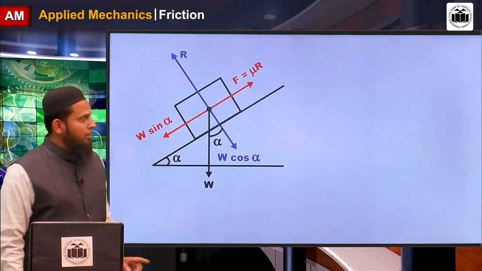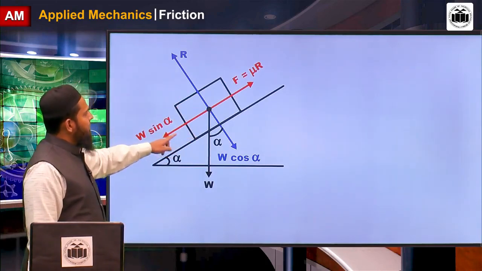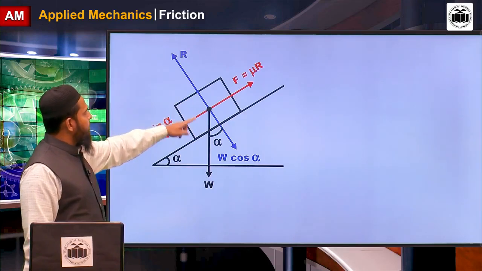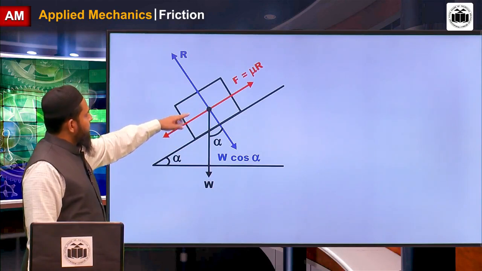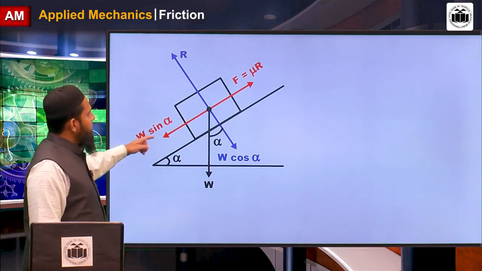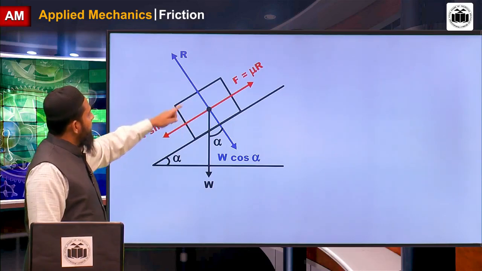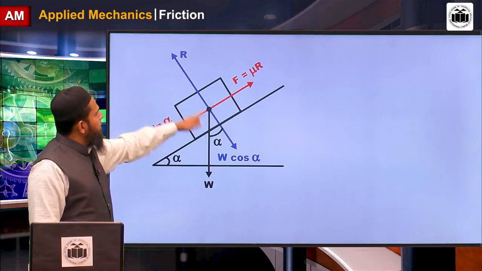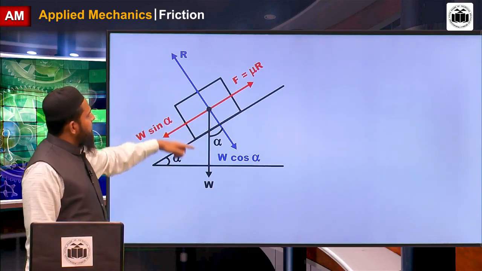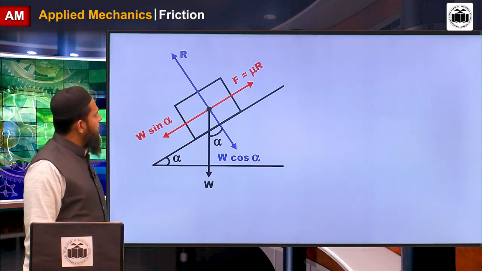Now if I draw the free body diagram, just on the verge of motion, it is in the condition of limiting equilibrium. Motion is in the downward direction, so frictional force is in the upward direction. Normal reaction is always normal to the plane, and the self weight is vertically downward.